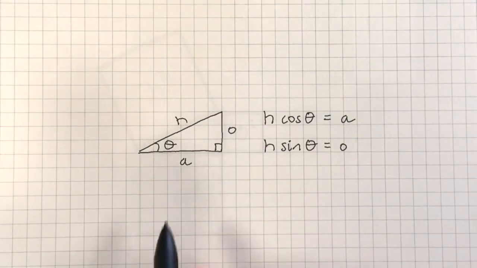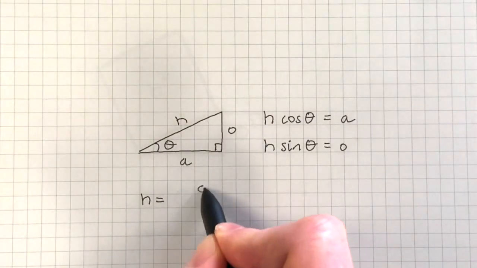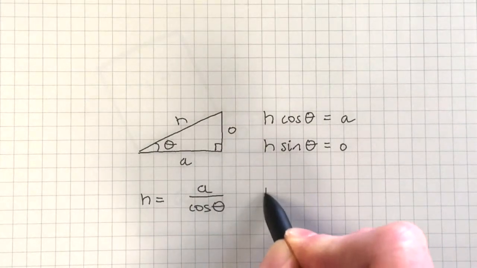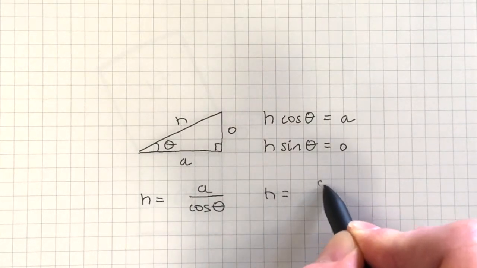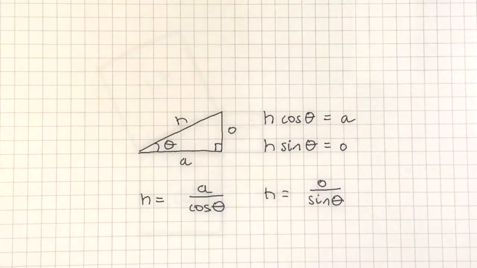If we want to rearrange for h, we could say h equals a over cosine of theta, or h equals opposite over the sine of theta. We can rearrange the formulas in any way we wish to get what we need.